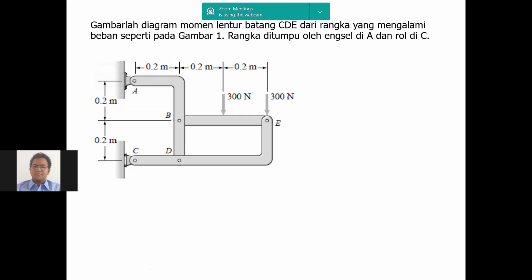Because it's a frame problem, right? Always start with that question. Is there any two force member here? No, there is no two force member. Yes, so all the members there are multi-force members. So after we know that there is no two force member, what are we supposed to do next?